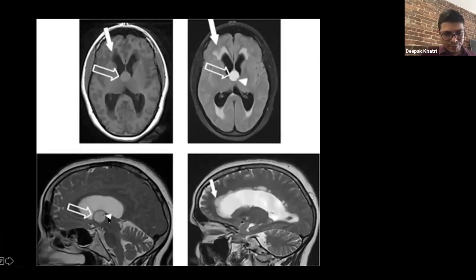And if you appreciate that in the sagittal sections, you can see this lesion here, and you're not able to see the third ventricle or even the fourth ventricle. So when you say hydrocephalus, you need to be sure what basically you're talking about, because hydrocephalus is a result. You need to know about the pathology which is causing that.